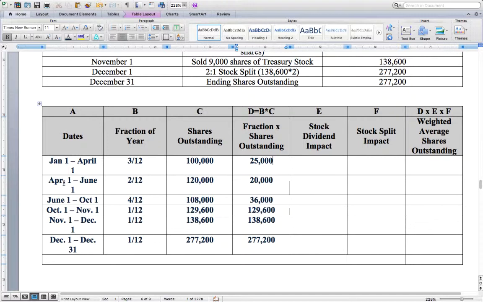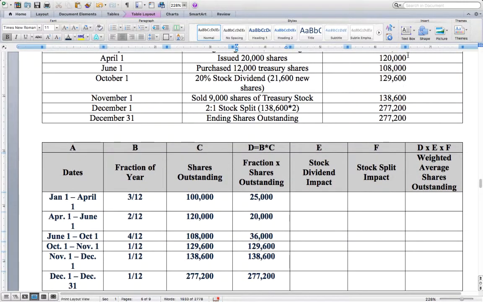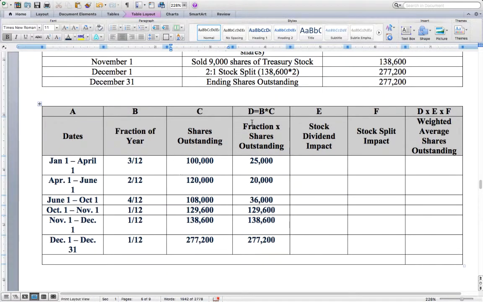And if you do the same, you can see this is 2/12, so this is 1/6 of 120,000 shares, which, as we remember from above, we issued 20,000 new shares, so we now have 120,000 shares starting April 1st. We get to the component for the weighted average calculation, 20,000, 4/12 or 1/3, 108,000 from this column again, 36,000, and so on.